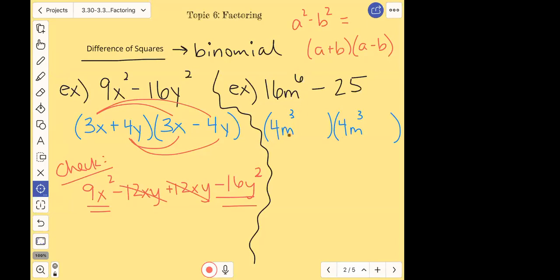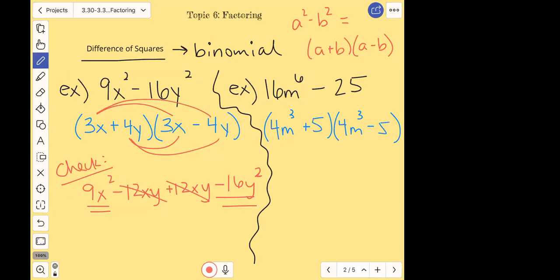But then m to the 3rd times m to the 3rd is m to the 6th. So if you have an even exponent, that term, like m to the 6th, m to the 8th, m to the 12th, whatever, would be a perfect square. And then 25 is 5 squared. So we'll have plus 5 and minus 5.